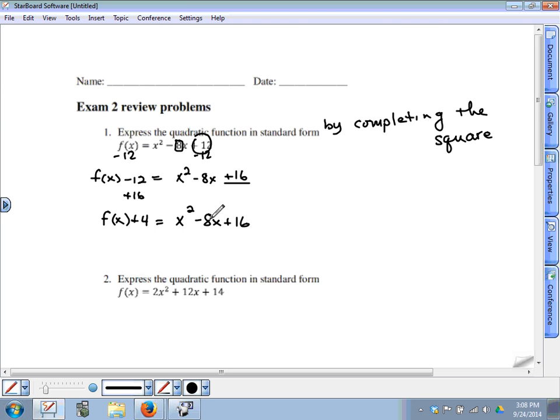This x squared minus 8x plus 16 can be factored into x minus 4 times x minus 4. I'm going to factor this into x minus 4 squared. And the last step is to move the 4 back over. So the final answer is f of x equals quantity x minus 4 squared minus 4.